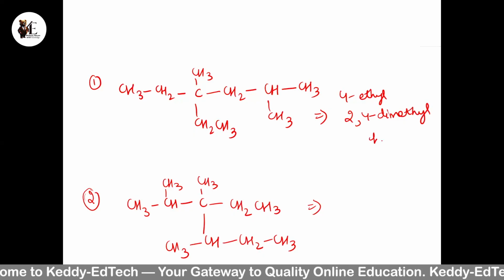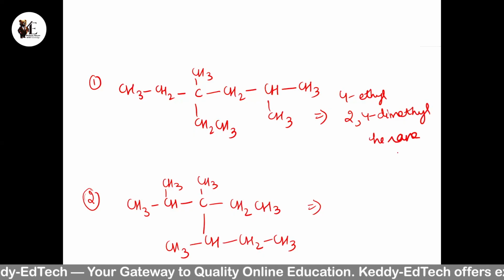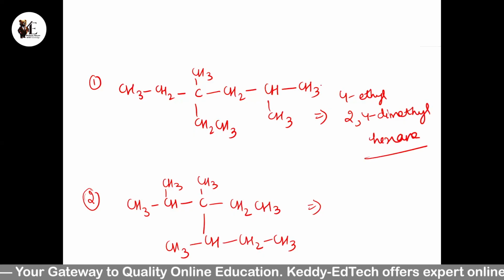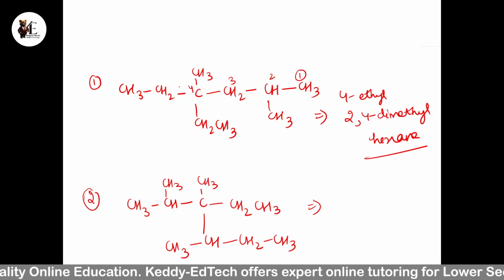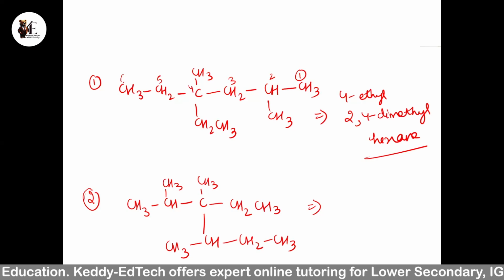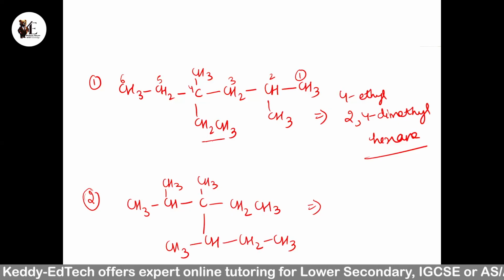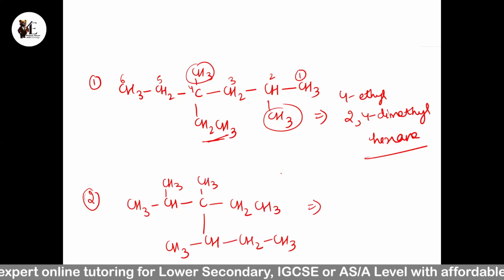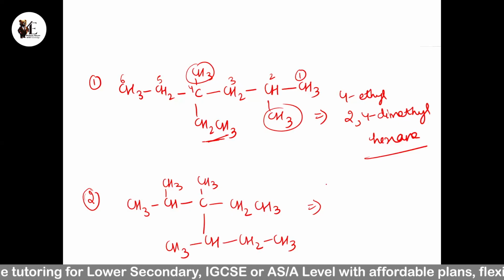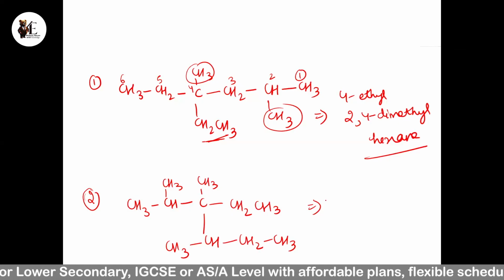Yes, very good. 4-ethyl 2,4 dimethyl hexane. Because counting will start from here. 1, 2, 3, 4, 5, 6. So it is 4-ethyl, then 2,4 dimethyl and hexane. What is the name of the second compound?